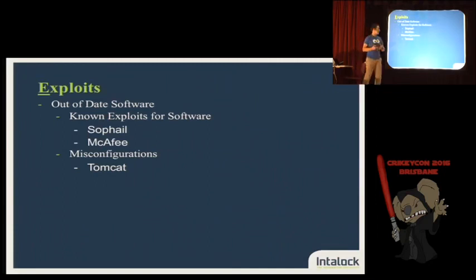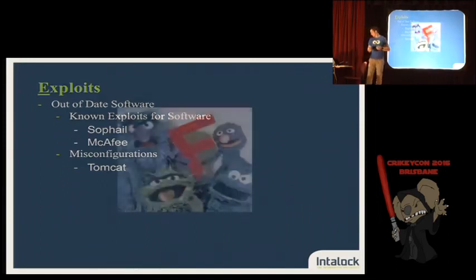And any misconfigurations, like the classic Tomcat, was it 5.5 or 6 or whatever it was, had a CVE against it, the Tomcat manager, and of course it ran as system because all web servers need to. You could upload a WAR file and get remote command execution, and there's a Metasploit module for it. But it's still very valid, and you don't have to deep dive into many things, and it could be a quick win.